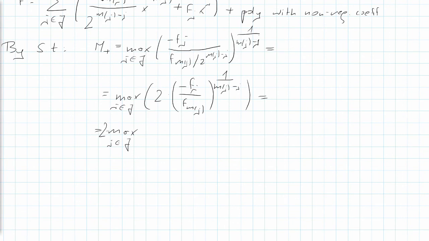So this is the minimum for k greater than j of minus fj over fk, with exponent 1 over k minus j, and this is exactly Hong's bound. So we have proved this theorem.